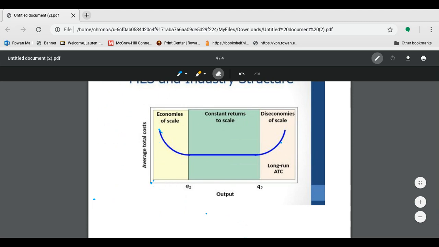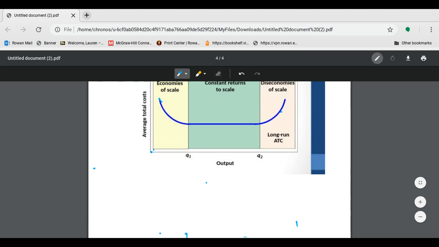Another thing that your book discusses is called the MES, or minimum efficient scale. This is the quantity where average total cost is at a minimum, so at the lowest point.